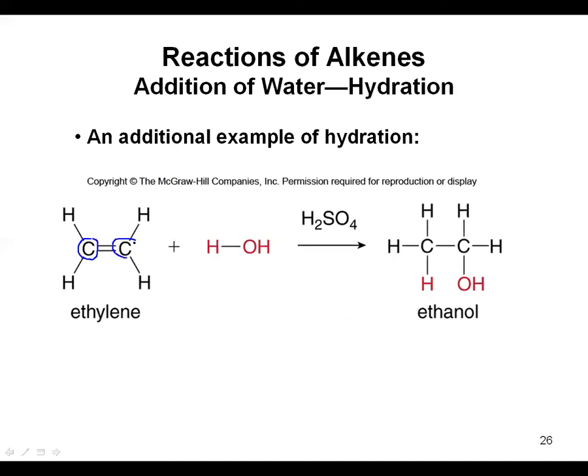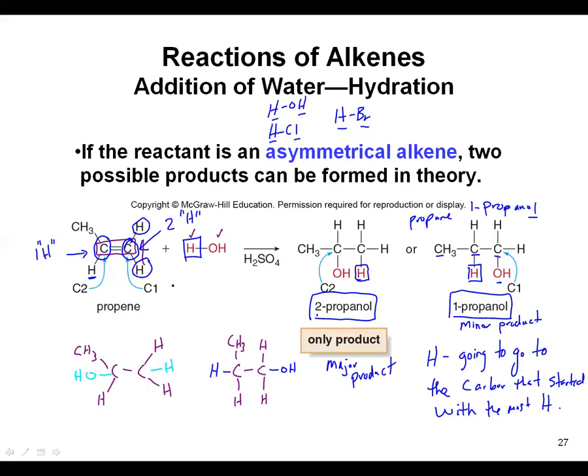This carbon here has two hydrogens. This does not matter. Again, you could do it like this. You could do it the opposite way. It will still give you the same product regardless. It is only when you have this option where you can make two different products that you always want to put the hydrogen on the one with the most to begin with. Any questions on that there?